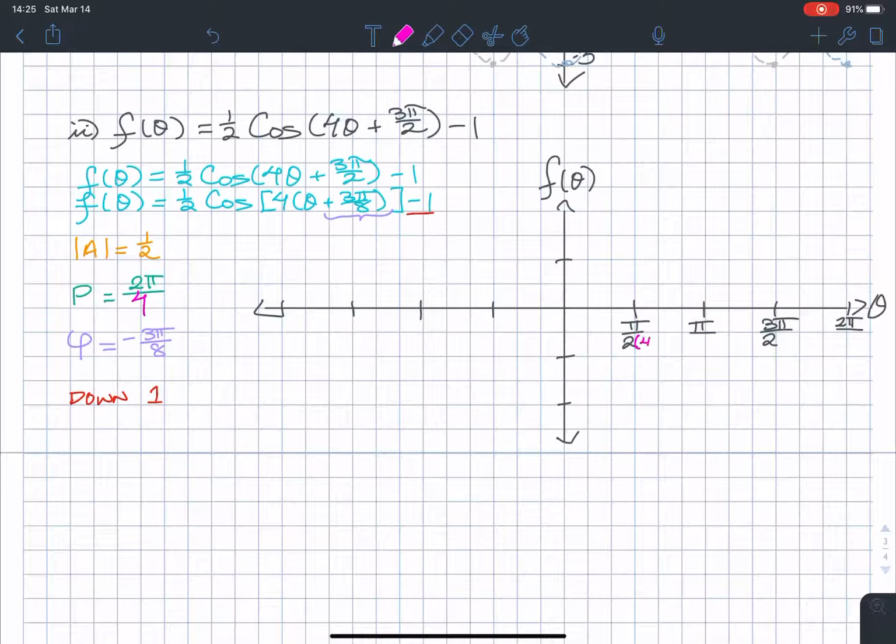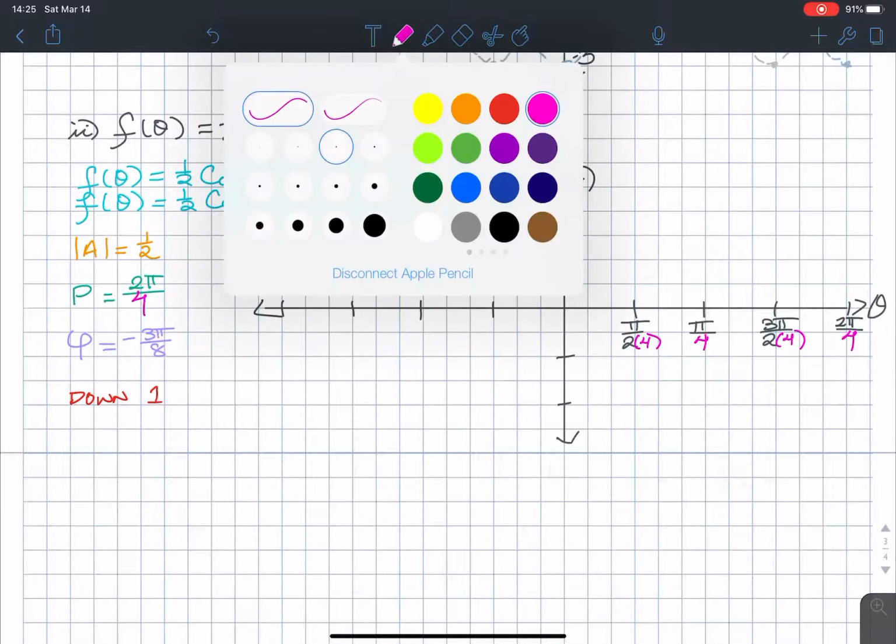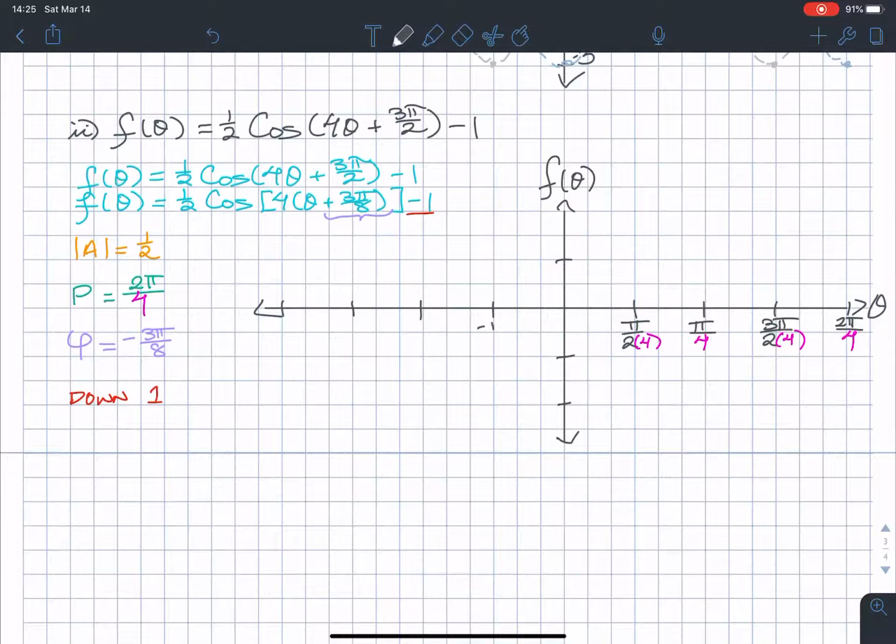So divide by 4, divide by 4, divide by 4, divide by 4. So this corresponds to negative pi over 8, negative pi over 4, negative 3 pi over 8. Okay, that's interesting. And negative pi over 2. Because I notice that I'm going left 3 pi over 8, that means everything is going to shift 3 quadrants left. Okay, so this is 1. So 1/2 will be in the middle, negative 1, negative 2.